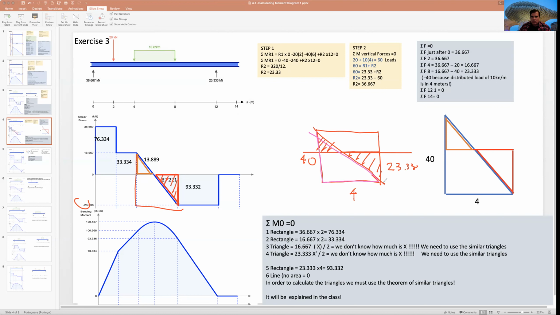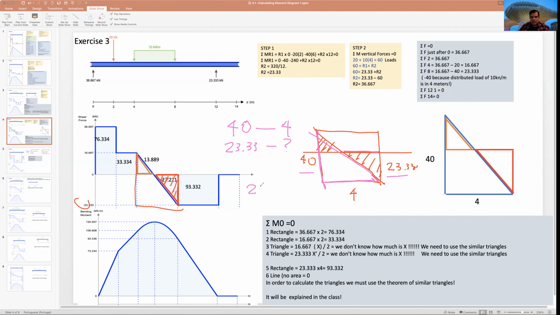Well, what you do, you just tell yourself, in the original one I have a base of 4 and a side of 40. I start with the side, because I know the side in both triangles. I start with 40 here, equal to the number that I don't know in the other triangle, that is this distance. Well, 40 is equal to 4, what? 23.333 is equal to a number.